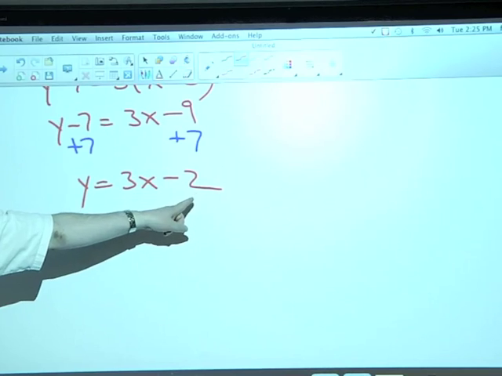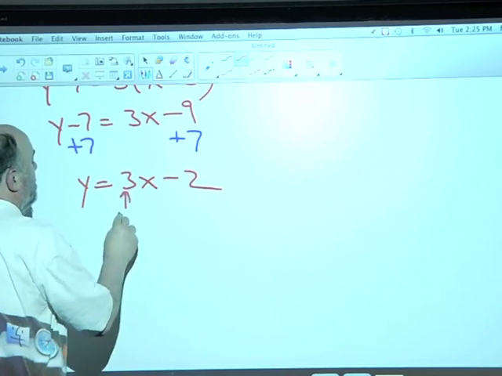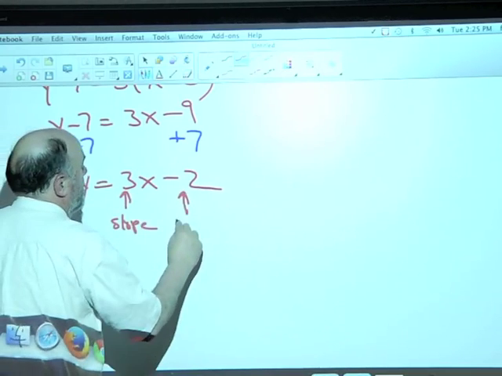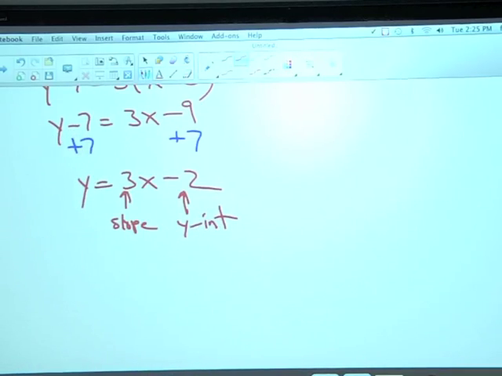This is the slope. This is the y-intercept. So when you are given the equation in slope-intercept form, you can just look at the equation and say what is the slope and what's the y-intercept.